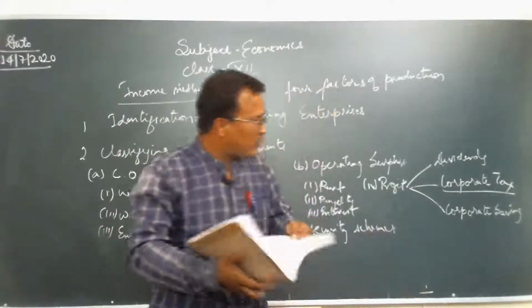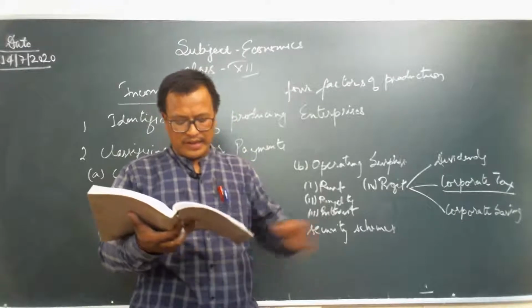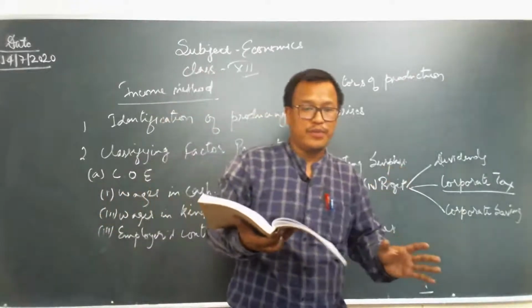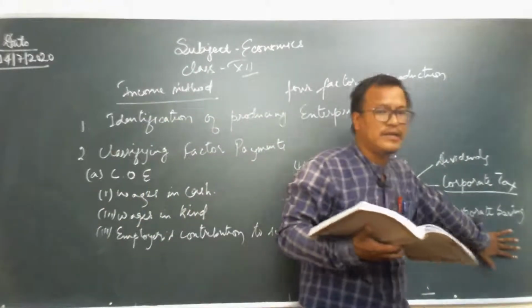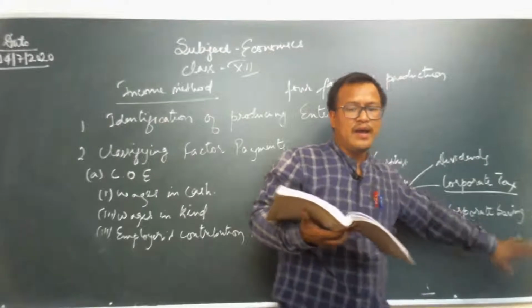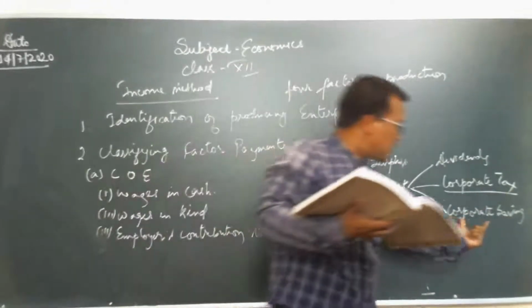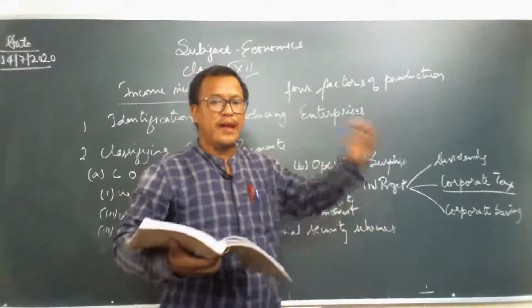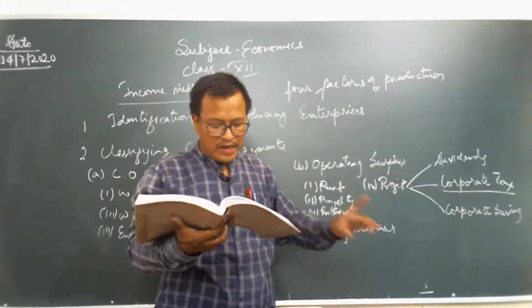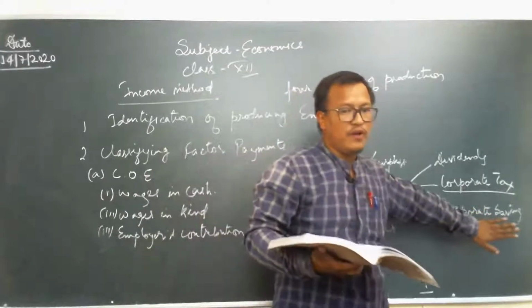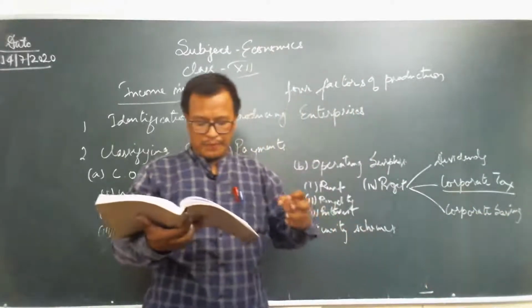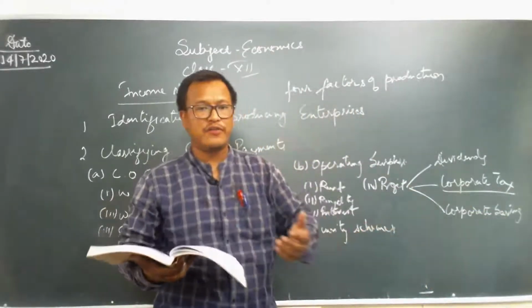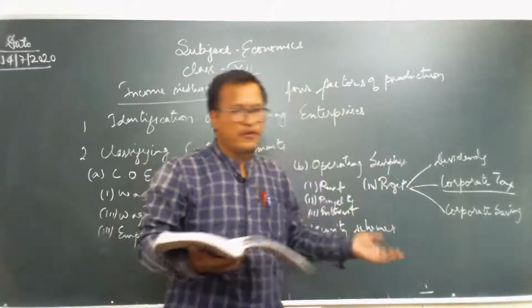Then after that, corporate saving. Corporate savings are undistributed profit. These profits are undistributed because they are used for further investment, or we can say further plans. So these are undistributed profits which are retained, or kept, for the expansion of business, whether you want to expand the business or open any other business.